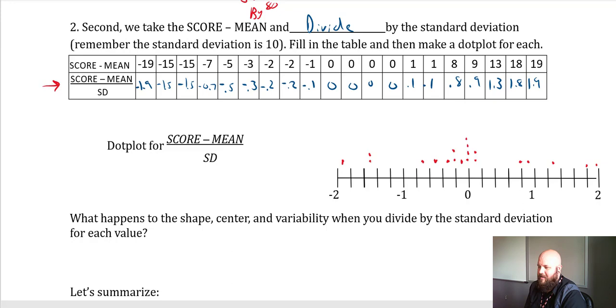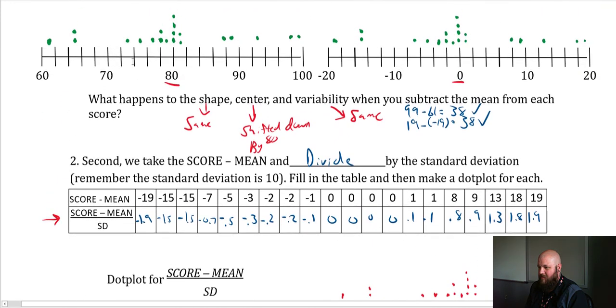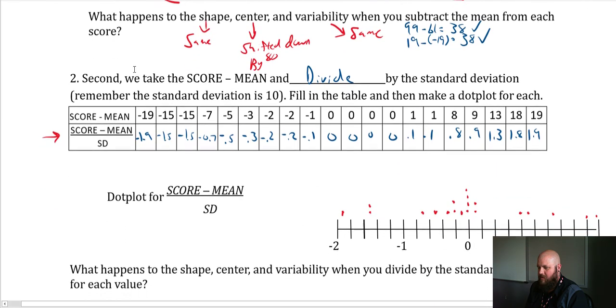Well, if you look at that, that is the exact same image for the dot plot that we have above. They are the same. All three of them are the same.